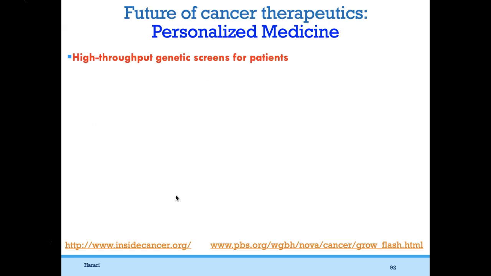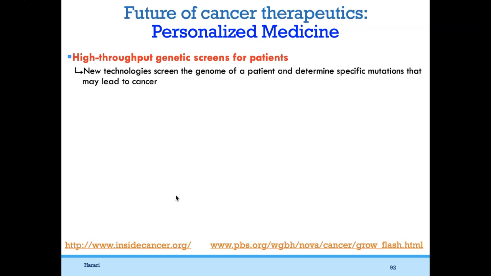As we go into the future, there's more and more hope to treat cancer. As we see more genetic technologies become cheaper, we're going to be able to screen the entire genomes of patients and figure out the exact mutations that can lead to cancer.